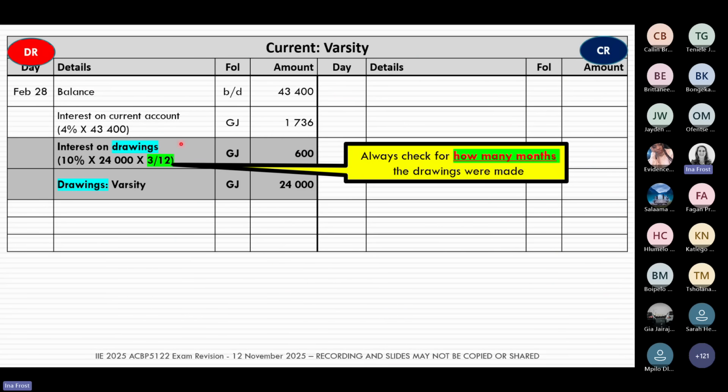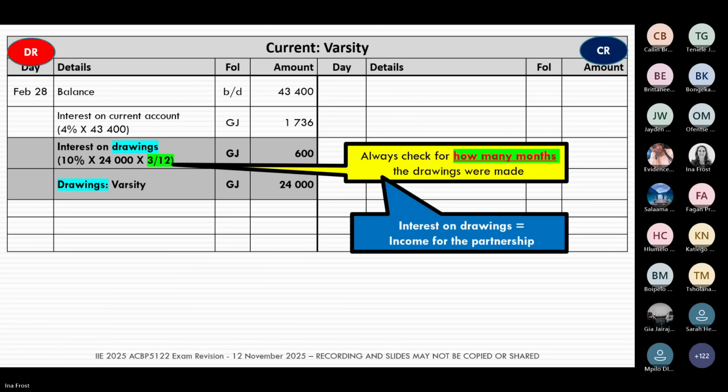Then the interest on the drawings is always on the debit side of the current account. And remember, we also close off the drawings against the current account. So the interest on the drawings and the drawings is always going to be on the debit side of the current account. When it comes to interest on the drawings, check your question to see for how many months the interest on the drawings applies.